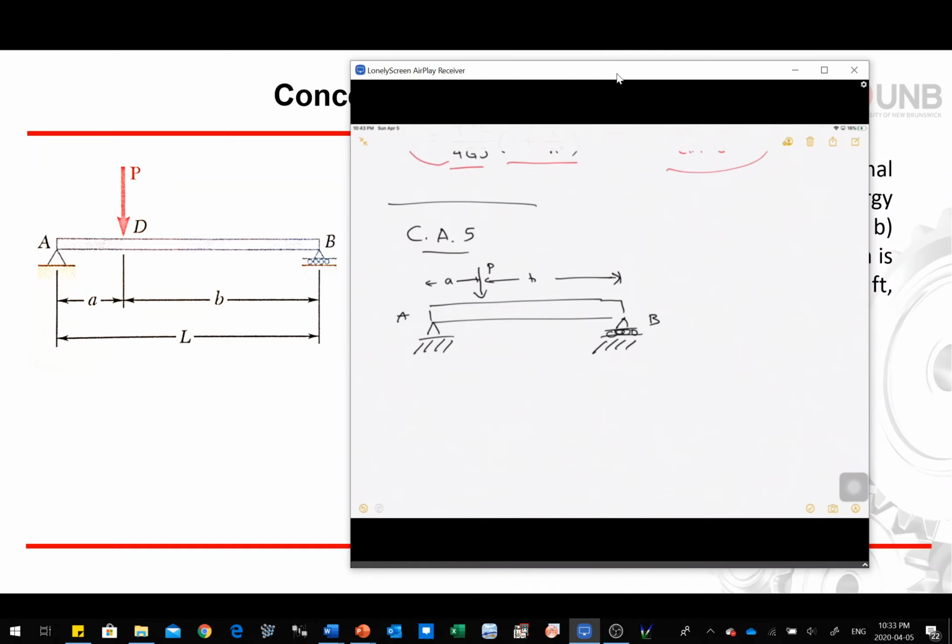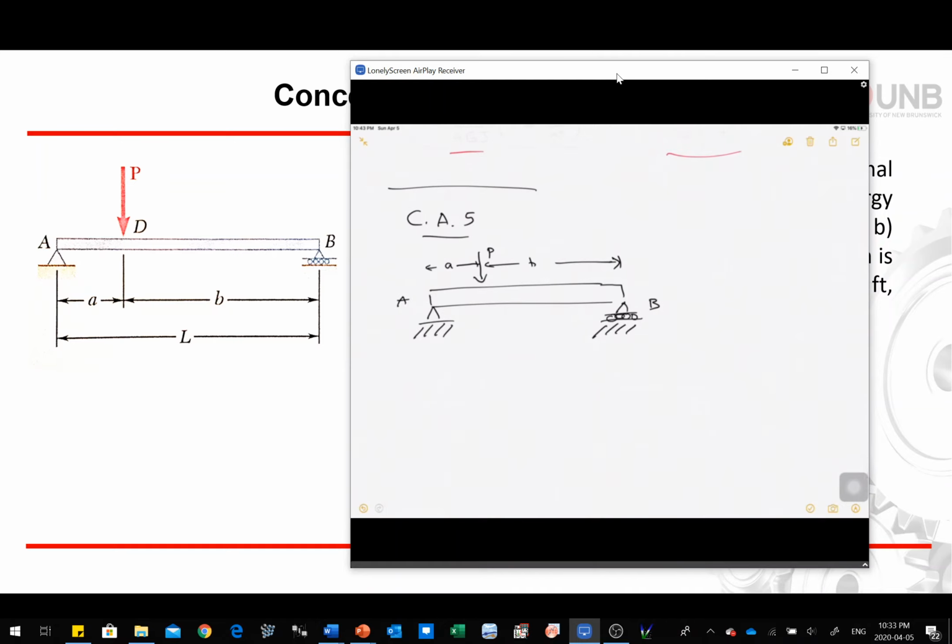Now for the bending equation, we used it in a previous problem. So our strain energy is equal to the integral from 0 to L of M squared over 2EI dx. Now, this is dependent on the values of your moment right here.